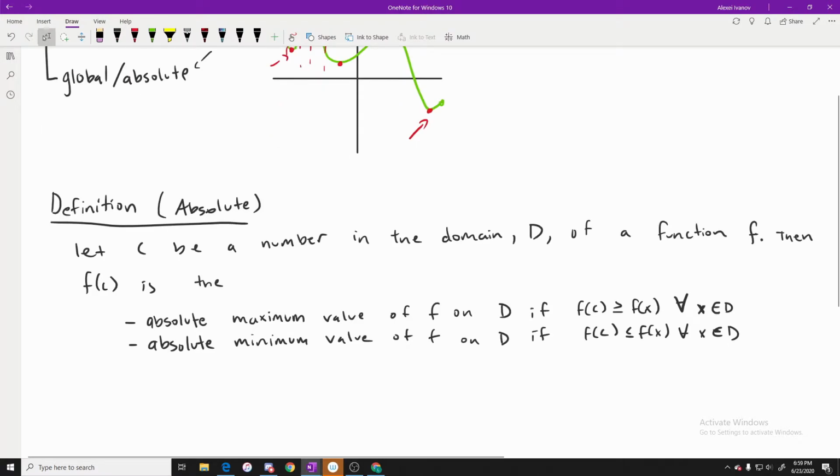So here's the definition for absolute maximum and minimum values. We'll start off by letting this constant c be a number in the domain, which we call D, of this arbitrary function f.